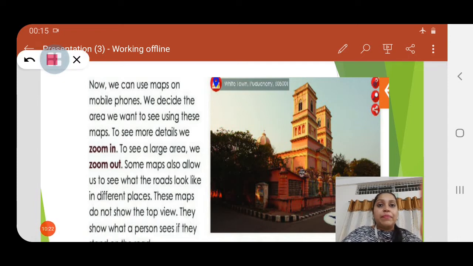Now we can use maps on mobile phones. Yes children, on mobile phones you can use maps. We decide the area we want to see using the map. To see more details, we zoom in, and to see a larger area, we zoom out. Yes children, as I have shown what is zoom in and zoom out. In order to see a large area, we make the screen smaller, and to see smaller areas, we make it bigger, like this we do.